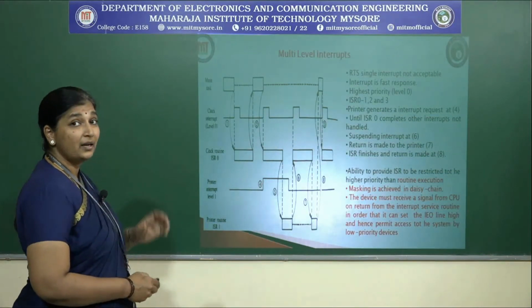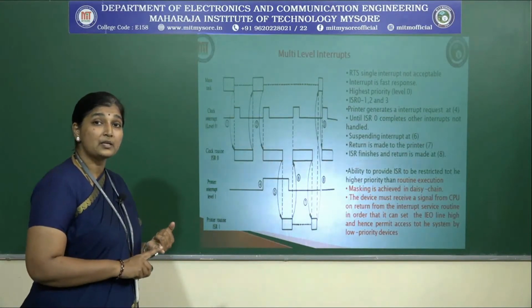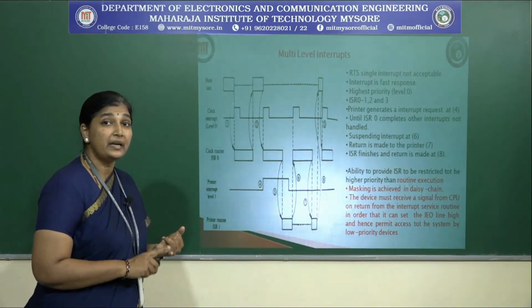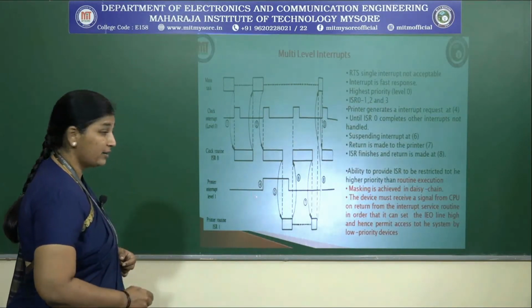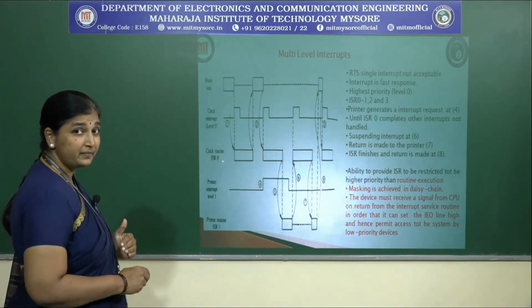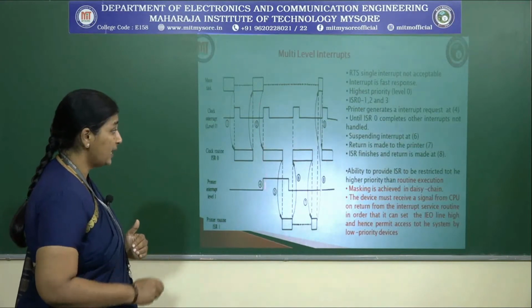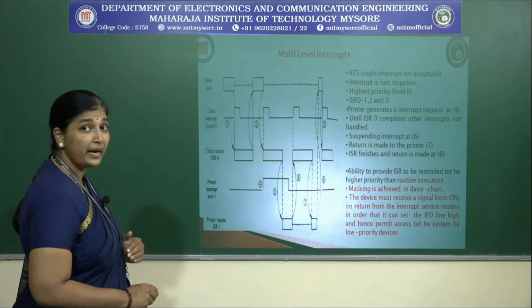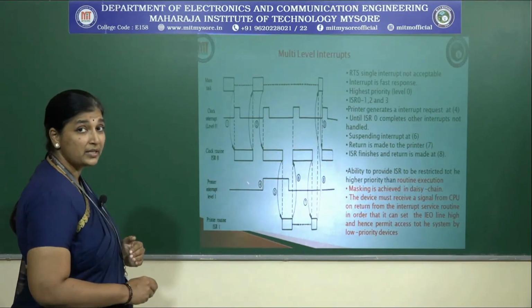Until we know that all the clock pulses which have the highest priority have been dealt with. But unfortunately, during the second clock, when it is trying to send the clock routine ISR for the second clock pulse, there is an interrupt which has to be addressed, because it is a printer.